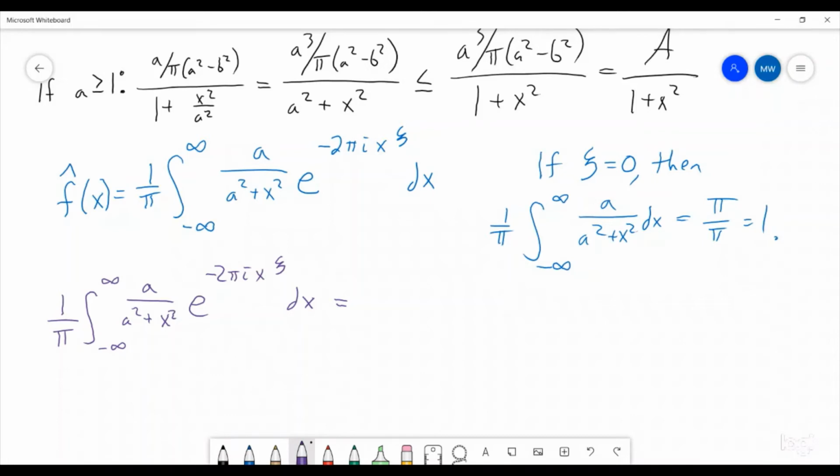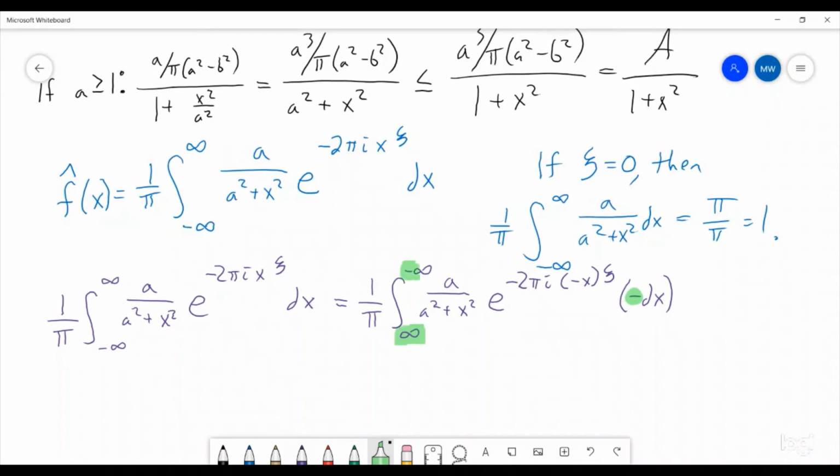1 over pi, integral from infinity to negative infinity of a over a squared plus negative x squared, that's still x squared, and we have an e to the negative 2 pi i negative x c times negative dx. What we can do is take this negative and the bounds, and that negative can change the bounds.